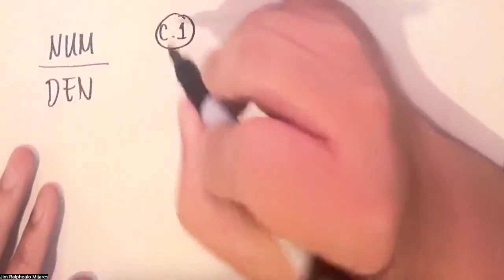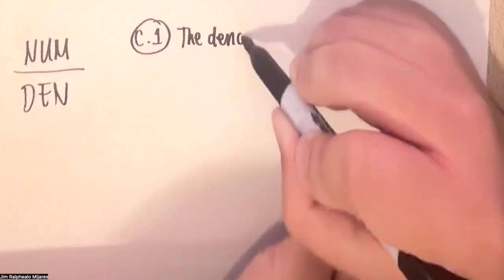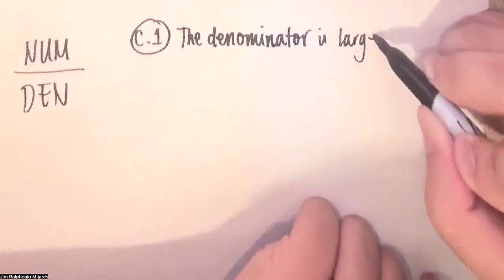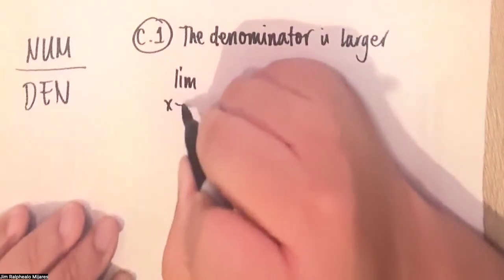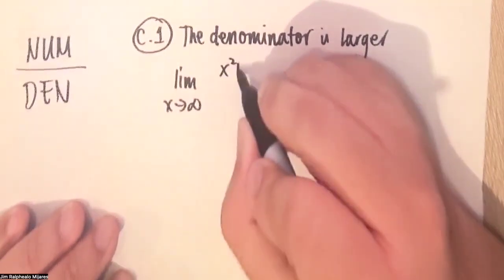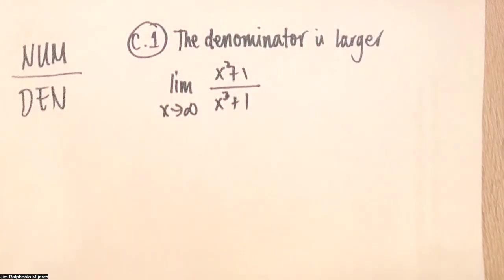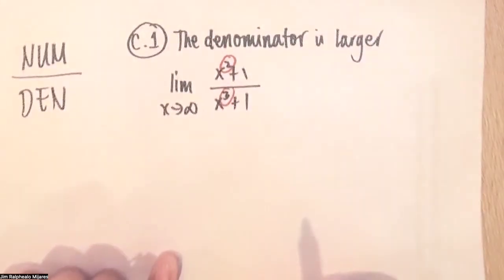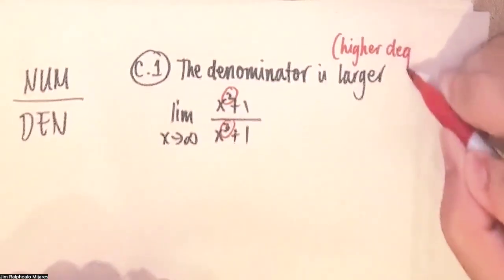Case one, the denominator is larger. Okay, meaning the limit will look like this. For example, x squared plus 1 over x cubed plus 1. In this particular case, we see that the numerator is a squared, the denominator is a cube. Okay? So when we say larger, we mean higher degree.